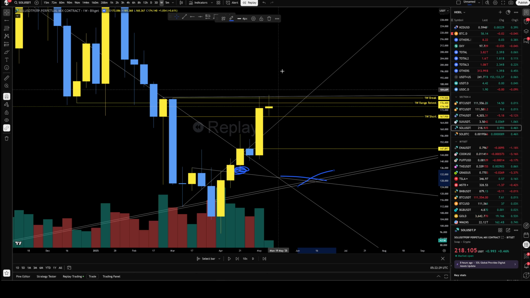In which case, the first thing you should do is de-risk your entire position back to the original amount that you were allocating to the trade. So say it was 1%, 1%, 1%, whatever. You would de-risk back to 1% and you would aim for the conservative target.